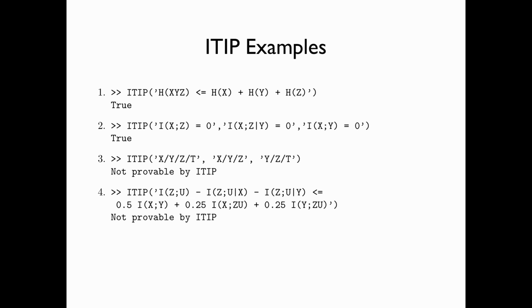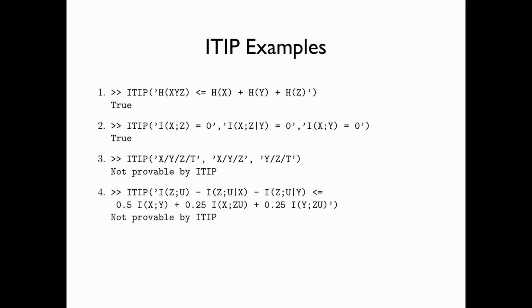In the last example, we want to verify the inequality for four random variables X, Y, Z, and U. The inequality says that I(Z;U) minus I(Z;U|X) minus I(Z;U|Y) is less than or equal to 1/2 of I(X;Y) plus 1/4 of I(X;Z,U) plus 1/4 of I(Y;Z,U).